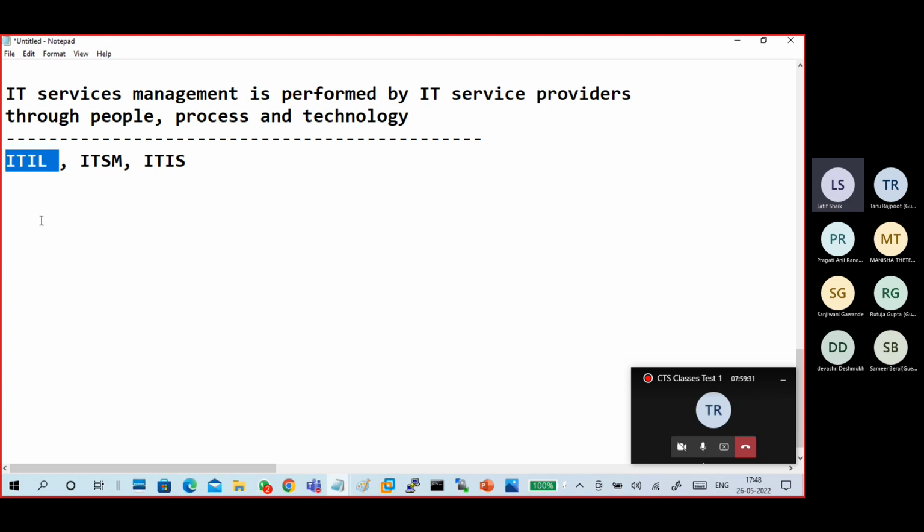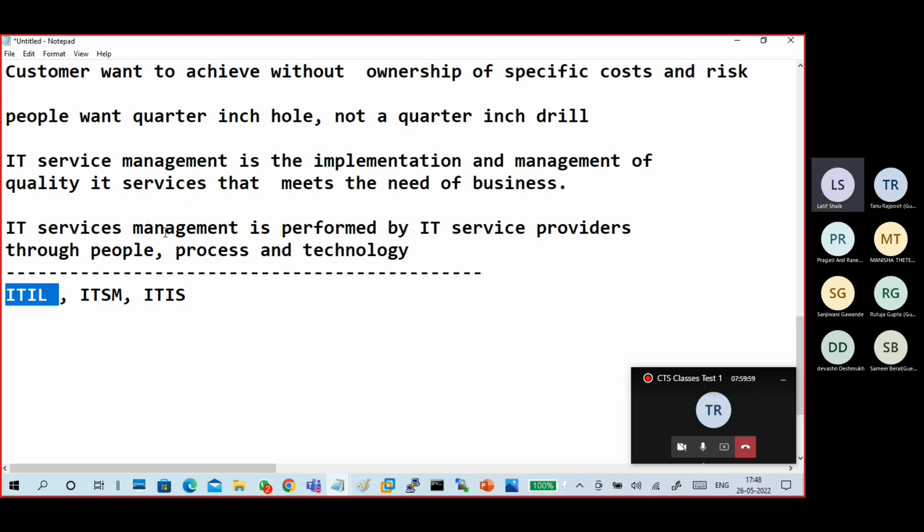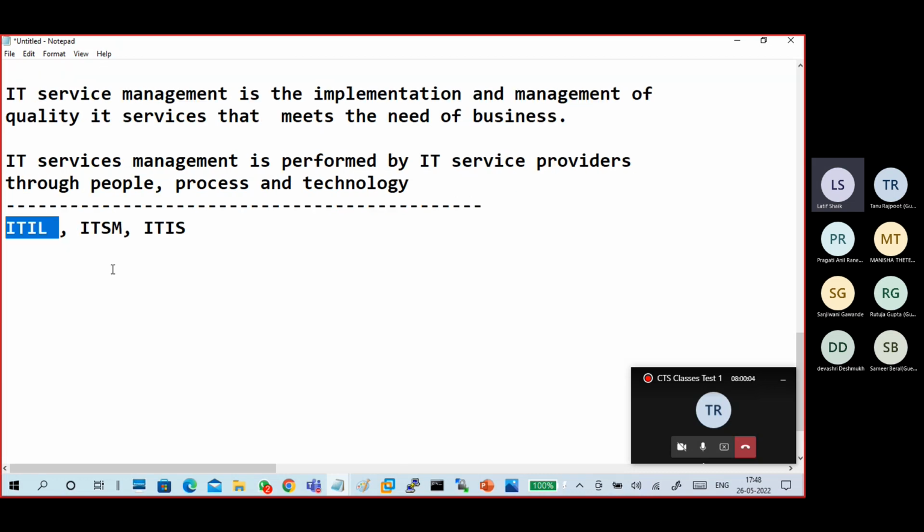ITIL includes infrastructure management, service management, business management, demand management, risk management, availability management, incident management, problem management, change management, release and deploy management. These are a lot of management areas. ITIL is a whole management framework.